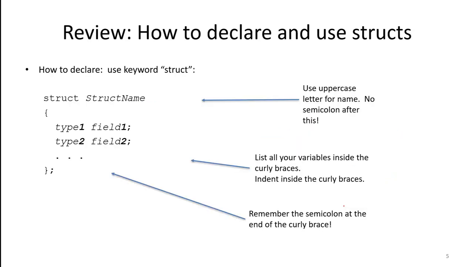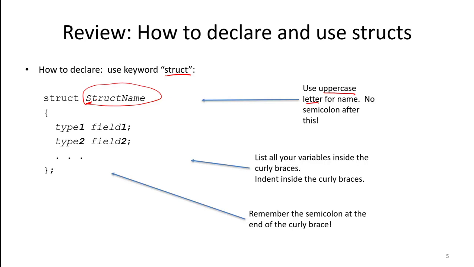We also learned that structs are actually pretty easy to declare and use. In order to make a struct, we use the keyword struct followed by the name that we want to give our struct. Remember, we also use an uppercase letter for the first letter of the name. This is to make it distinct from a standard variable type like an int or a double.